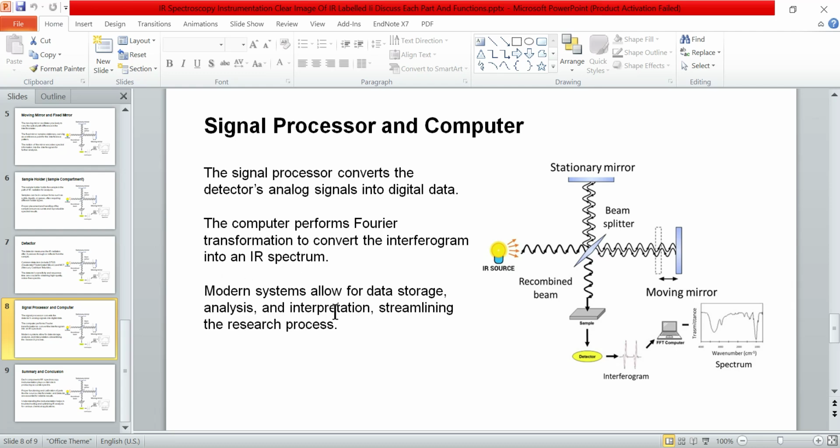Modern systems allow data storage, analysis, and interpretation, streamlining the research process. I also told you that for research and for educational purposes, the modern digital system is important. Technology is very important to get effective results and to get a quality education. Now I think you are all aware of the computer or the signal processor.